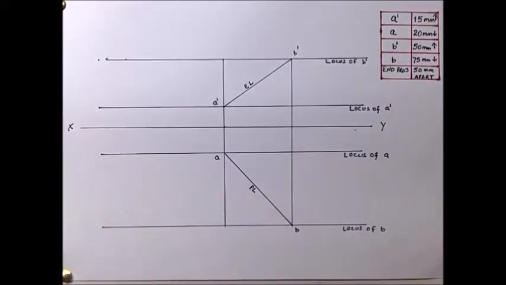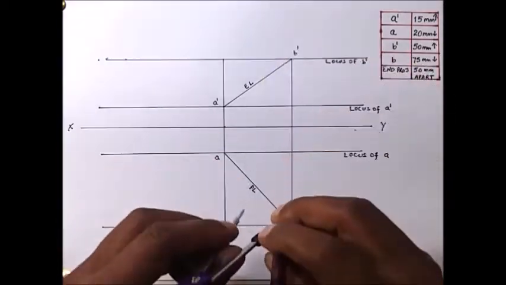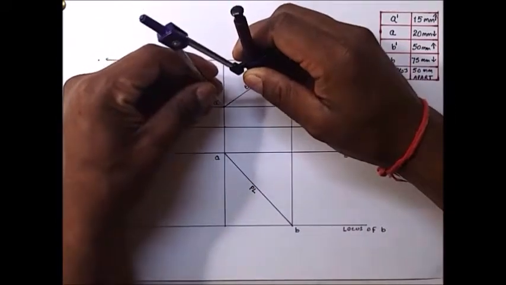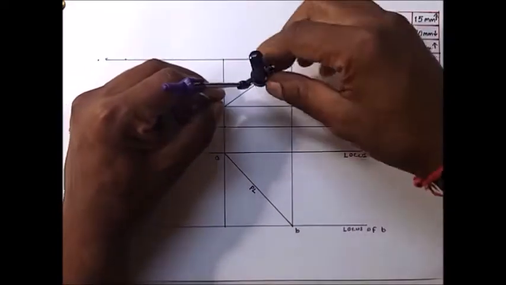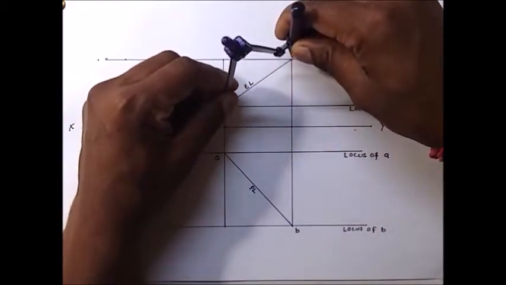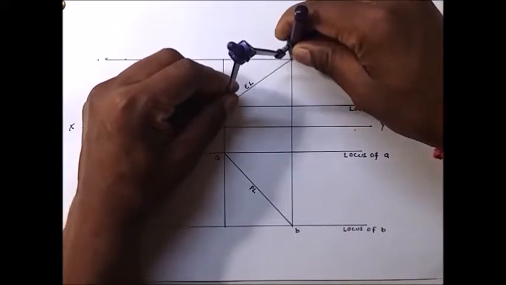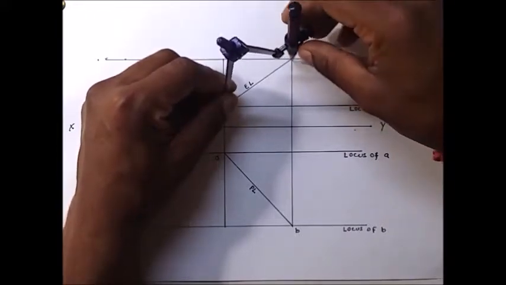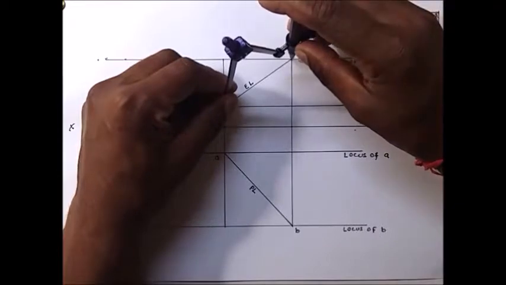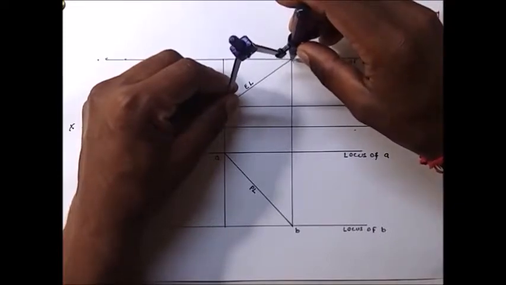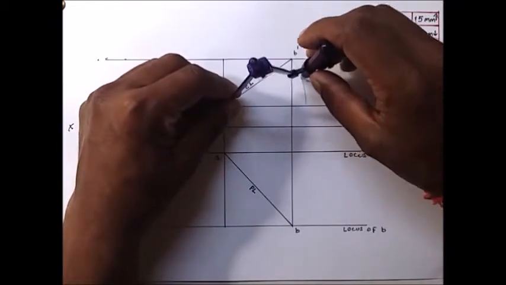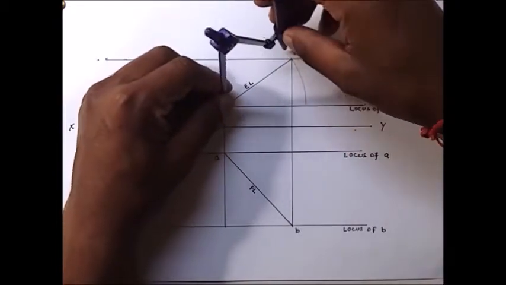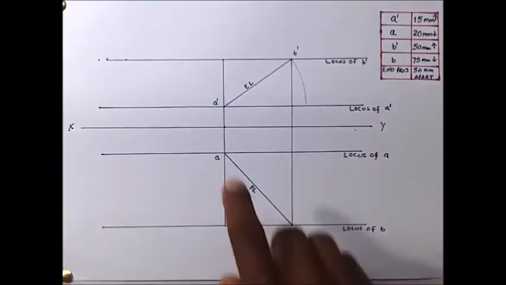Okay, now in order to get the true length, we will use the compass. I'll put the compass needle on point A dash and pencil on point B dash, and I will rotate this point till the locus of A dash.